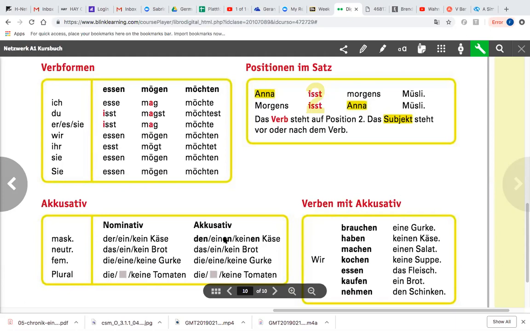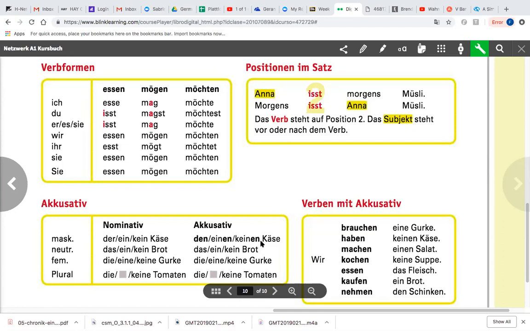So the articles change in the Akkusativ, but not in all cases. Here you will see where they change. It's emboldened. So den Käse, einen Käse, keinen Käse. But what is the Akkusativ at all?